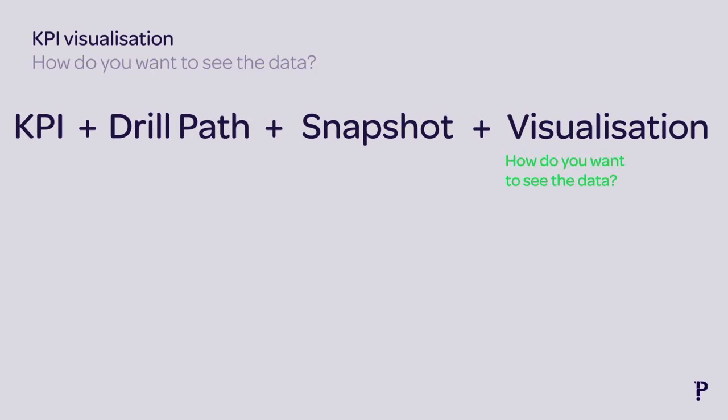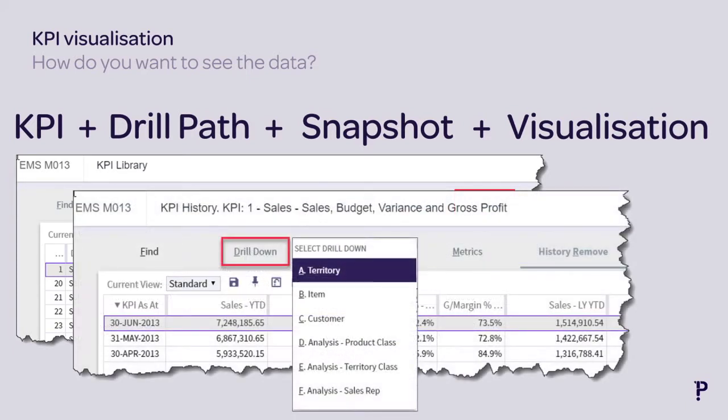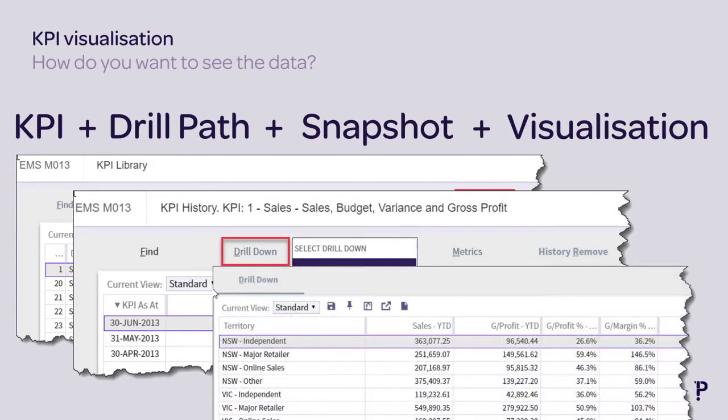You have seen the KPI widgets that we have in Pronto XI in the video, but because we have these tables, which is native Pronto XI data that is stored in a database, you can use that in multiple ways. The first way, you can select, for example, your drill path, either looking at it by territory, item, or customer, and you can see the data in standard Pronto XI reports.